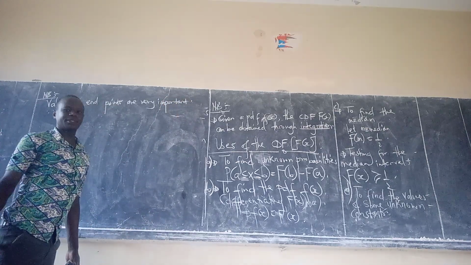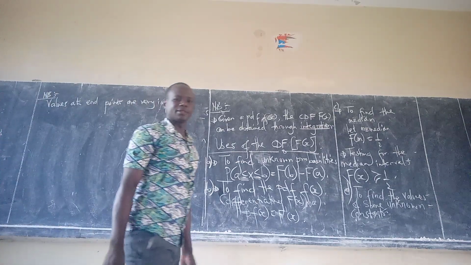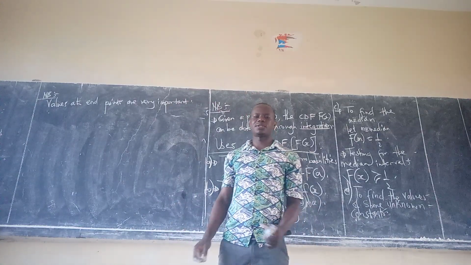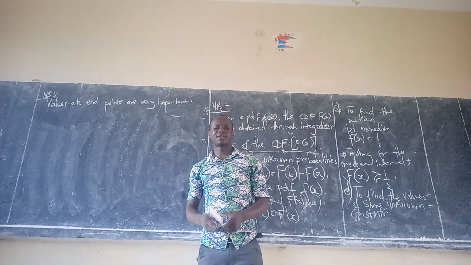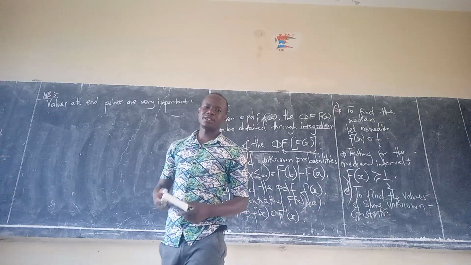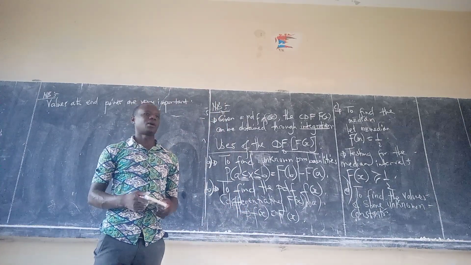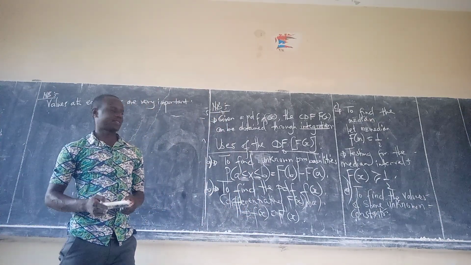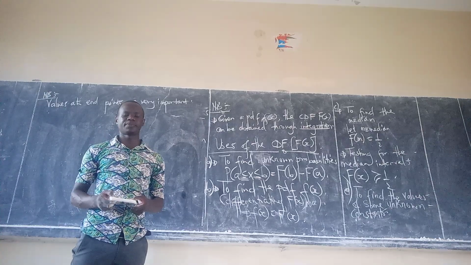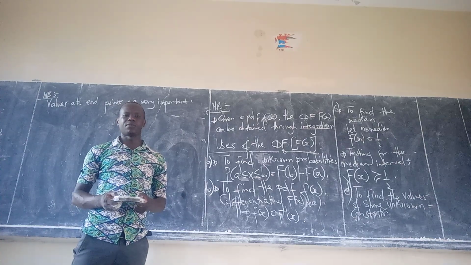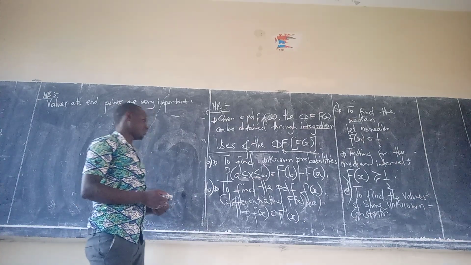So if you meet any CDF and it has some unknown constants, then the very first thing is to think about how to use the values at endpoints to find the values of those unknowns.